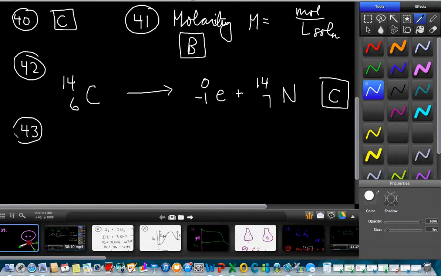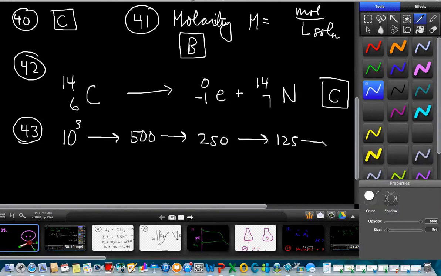Number 43. If we start with 1,000 micrograms, after one half-life we'll have 500. After 2 we'll have 250. After 3 we'll have 125. After 4 we'll have 62.5. After 5 we'll have 31.25.